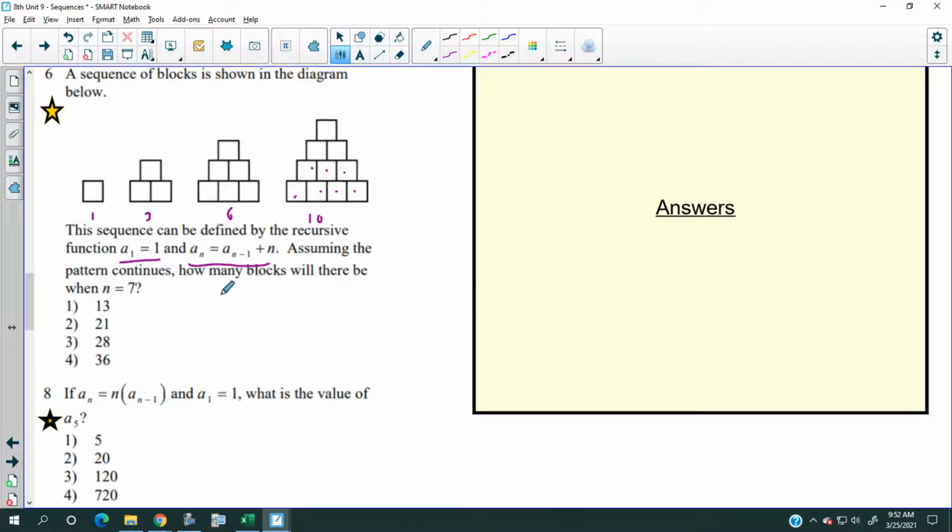They want to know what happens when this is 7. The first term is 1, the second term is 3, the third term is 6, the fourth term is 10, so they want to know what's the 7th term. You can look at it in a couple of ways. What's the fastest, easiest way? Actually, you could use this formula too, but let's see.